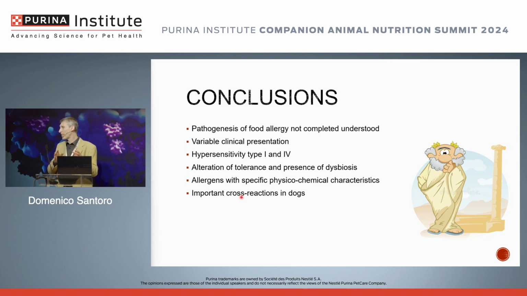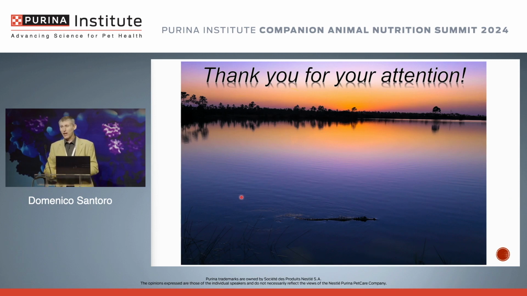So every dog is unique when we're talking about food allergy. And then obviously there is all the complexity of the allergens, pan-allergens, and the physical chemical structures of the allergens. It's not just the size, but also how they react and which allergen we're actually talking about for our patient. And with that, I want to just thank you guys for your attention.